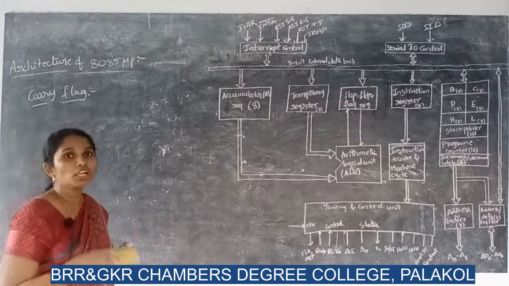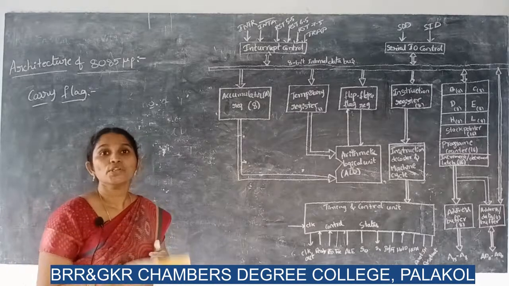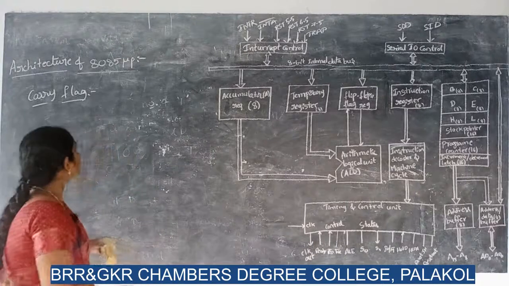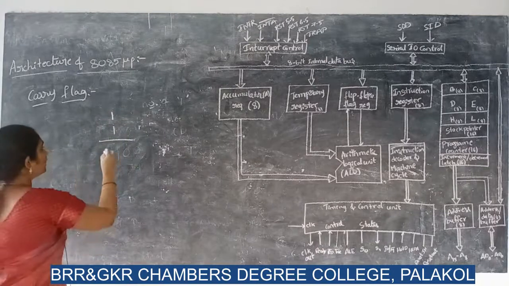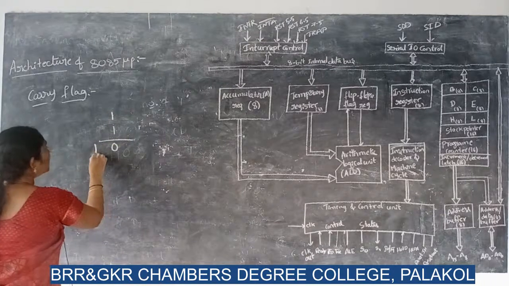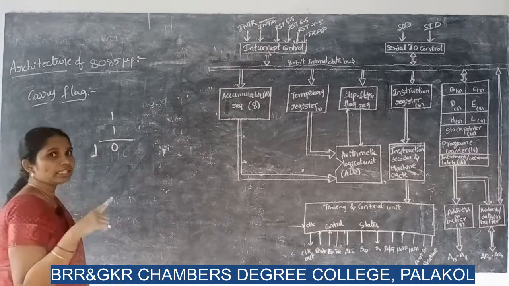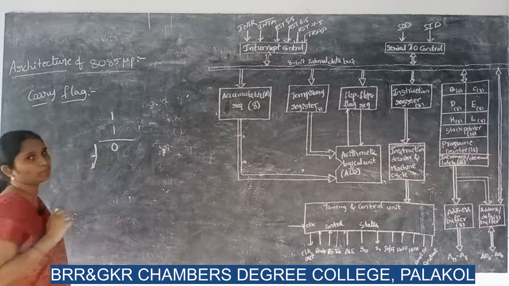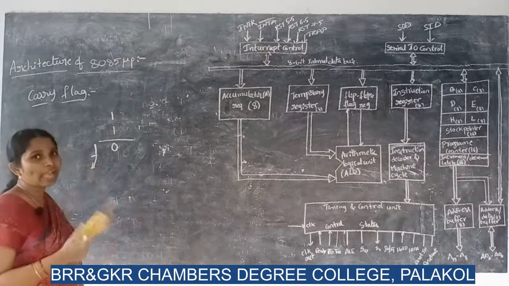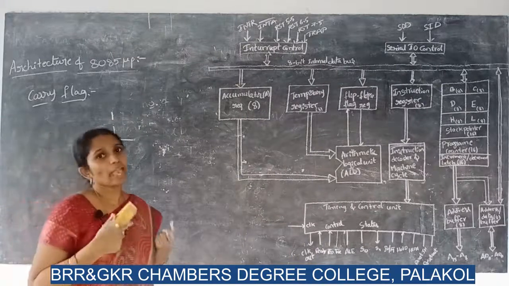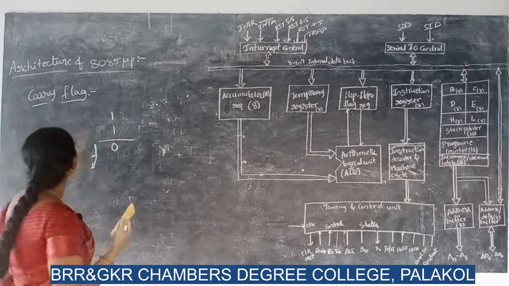For example, 1 plus 1 gives 0, and 1 will be the carry. So the result is 0, the carry is 1. When the carry occurs, the carry flag is set. In addition we call it a carry, but in subtraction we call it a borrow. But in 8085 we call both a carry.